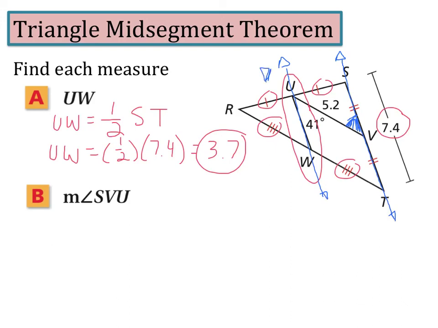Now if I think of UV as a transversal, I can see that this angle and this angle have to be congruent because of alternate interior angles. Therefore, angle SVU has to be 41 degrees.